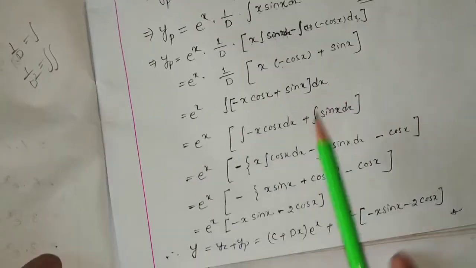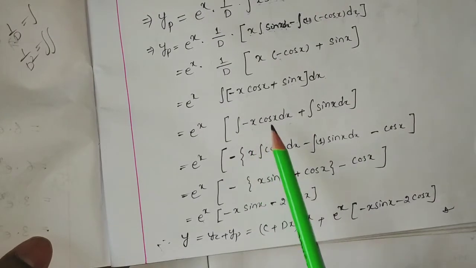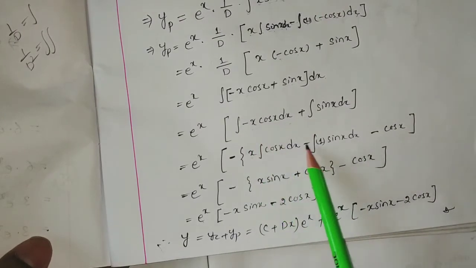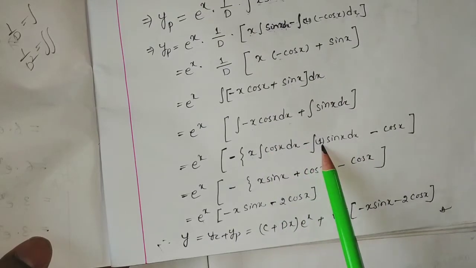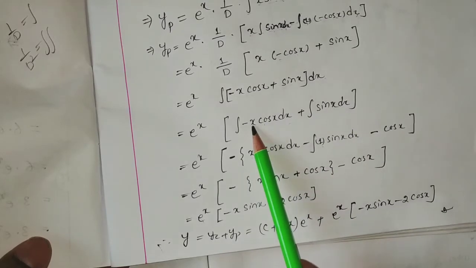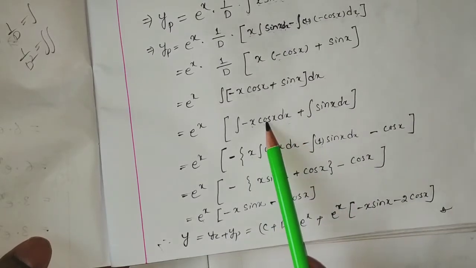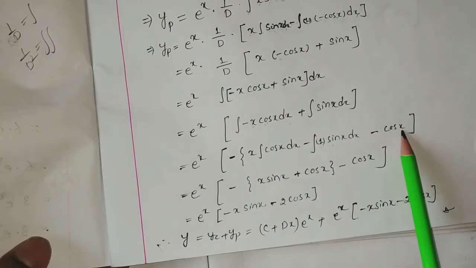Here minus is taken outside, x is the first function, integration of cos x, and then according to the by parts rule: derivative of the first function, integration of the second, and another integration. So the derivative of x is 1, integration of cos x is sin x, another integration dx, and sin x integration is nothing but minus cos x.